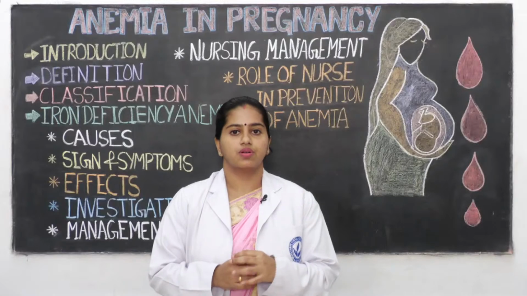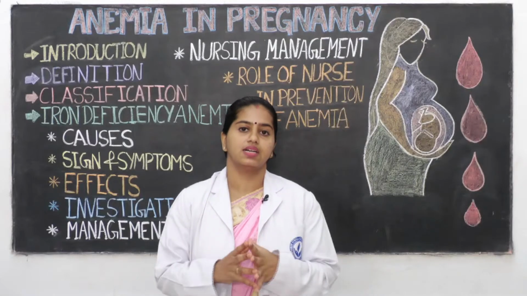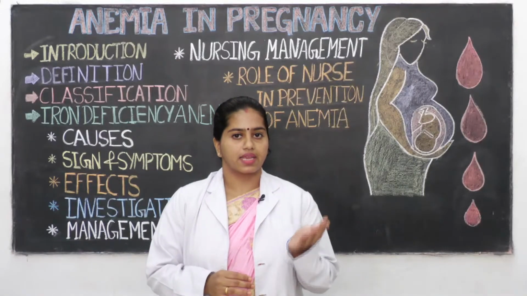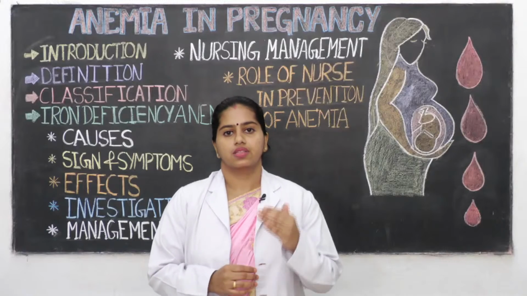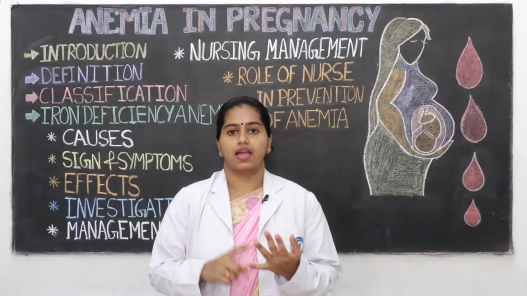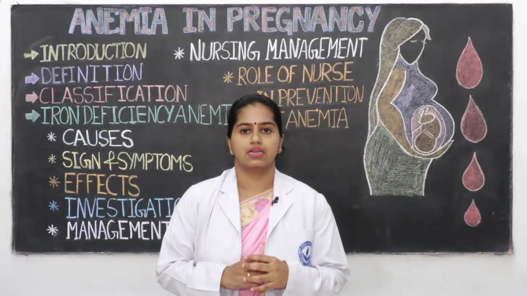When they come, with a very simple investigation, hemoglobin itself, they can identify the hemoglobin percentage and the type of anemia. If we take treatment very early, the woman can prevent the complications of maternal death and maternal morbidity due to the anemic status. So what are the nurse's roles?